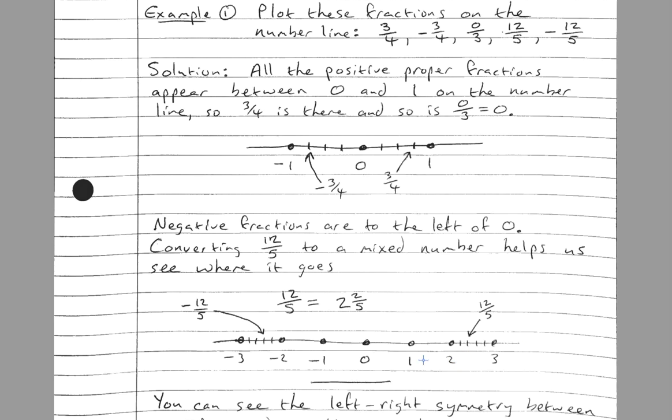So now we can see where it is. So 1, 2, and add another 2/5. You get to here. This time I'm dividing the interval from 2 to 3 into 5 equal pieces. So 1/5, 2/5.